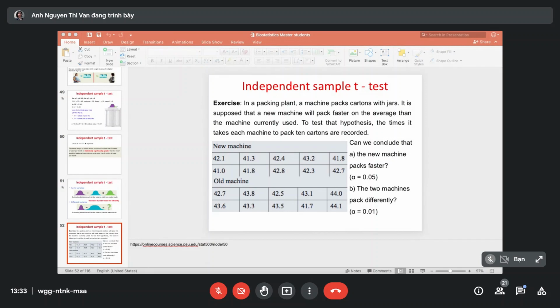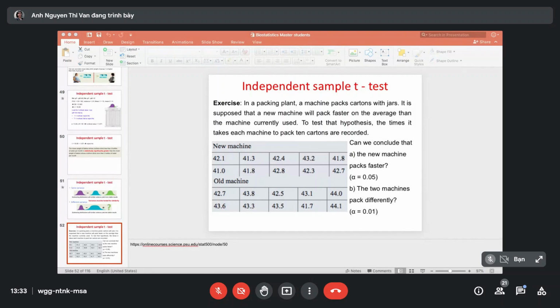I will look at the t table and find the t critical value equal to minus 1.7341. The t star value is smaller than the t critical value, so I will reject the null hypothesis. It means the new machine will pack faster than the old machine.